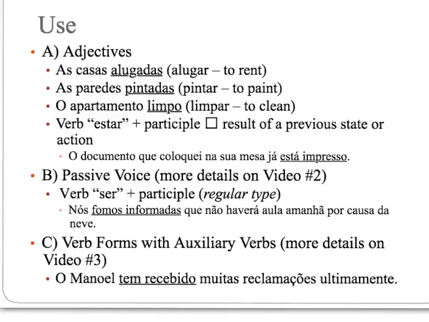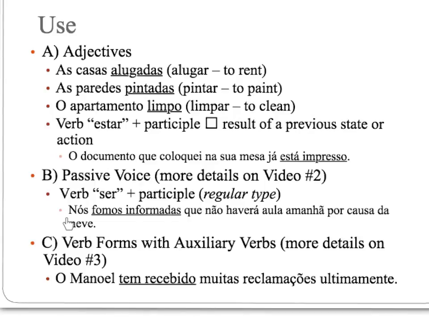All right. Keep in mind that when you use the participle as an adjective or in passive voice, the participle needs to match the person. It needs to agree with the noun that it modifies, okay?